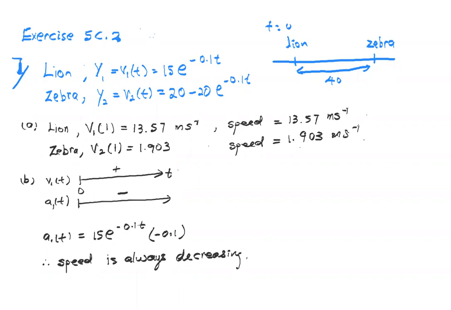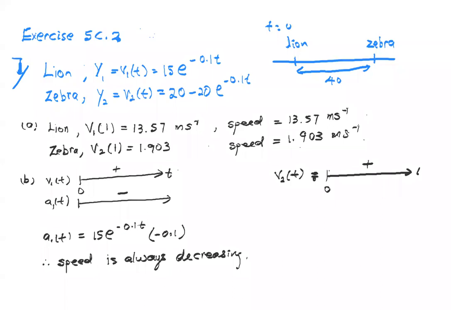Okay, for V2(t), the sign diagram is also, will the velocity become 0? No, correct? Because e to the power of negative is always less than 20. Okay, so therefore it's always positive also.